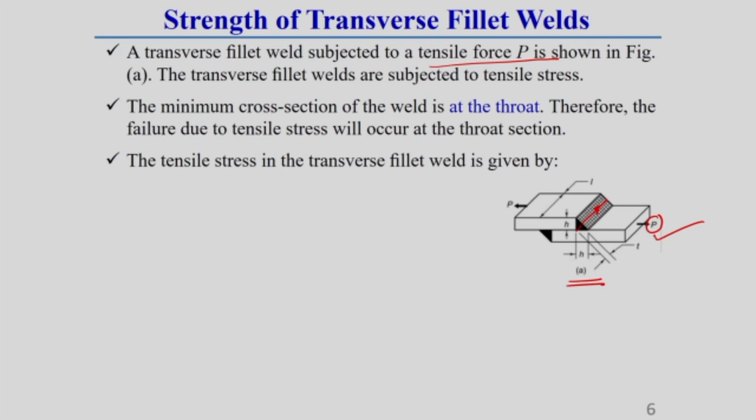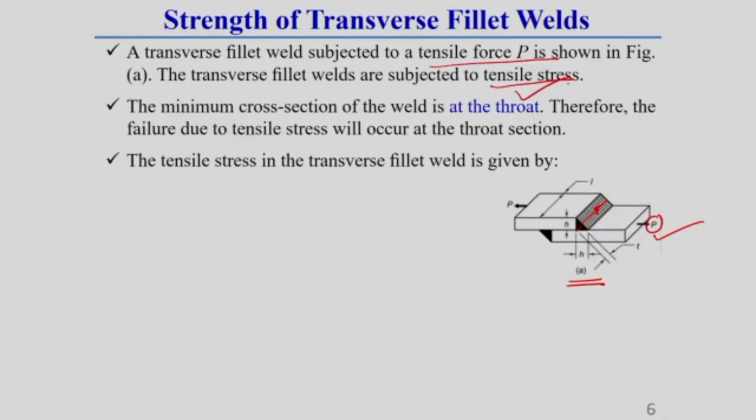So, the transverse fillet weld is subjected to tensile stress. This tensile stress will be maximum where the cross section of the weld is minimum. In a fillet weld, the minimum cross section area is its throat section.